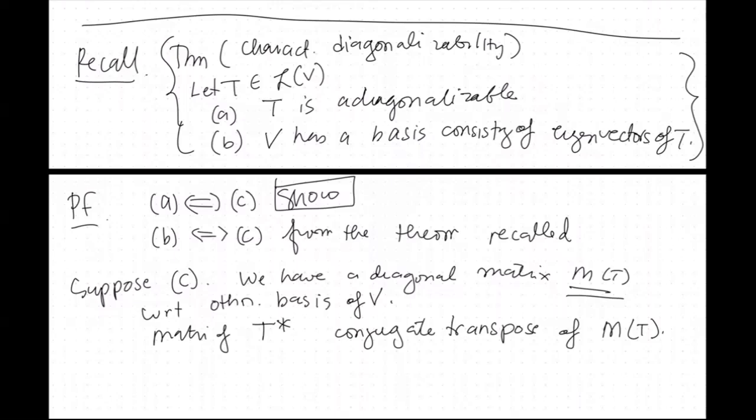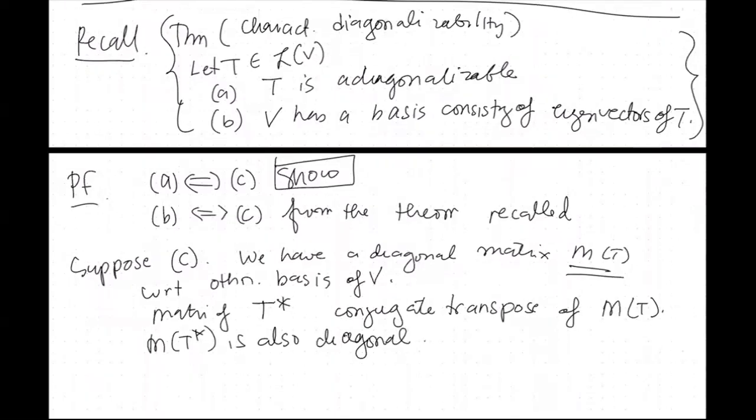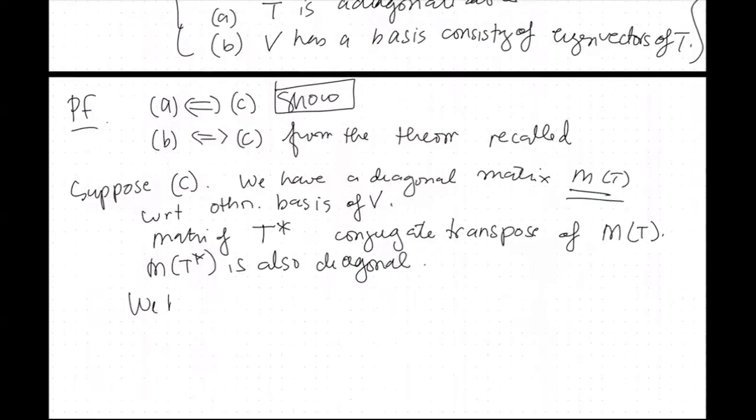If we have a matrix which is diagonal, its conjugate transpose is also a diagonal matrix. So M of T star is also diagonal, and we know that diagonal matrices commute.